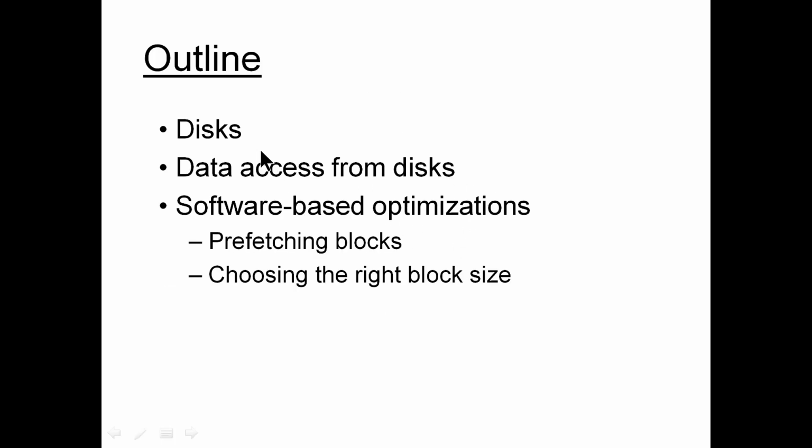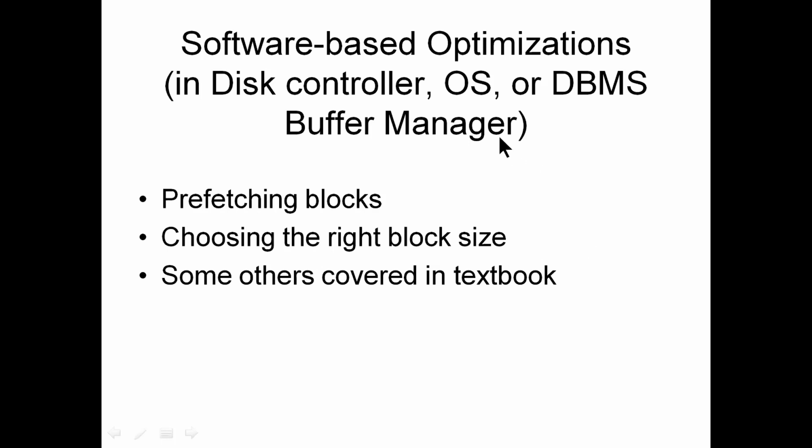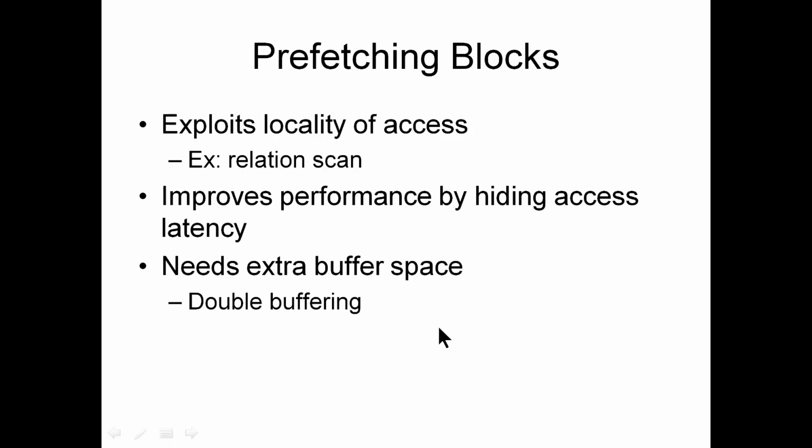So this is what we talked about: disk access and software-based optimization, prefetching blocks, and choosing the right blocks. So for software-based optimization in the disk controller, we have prefetching blocks and other things. Prefetching blocks exploits locality of access, and helps improve performance by hiding access latency, but needs extra buffer space, because of double buffering. Why?